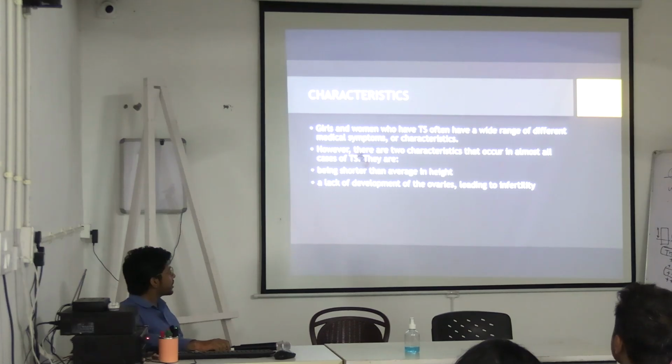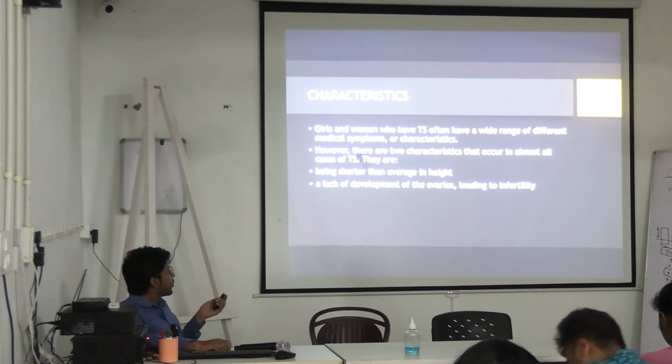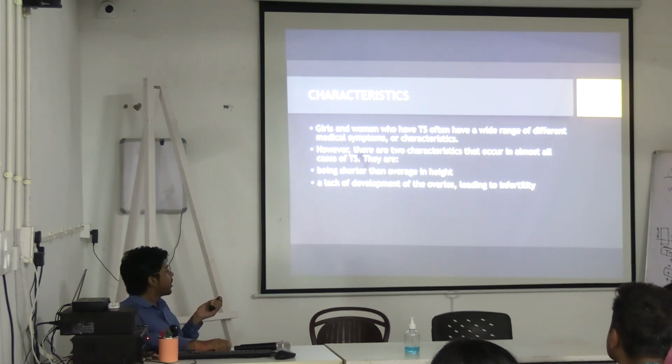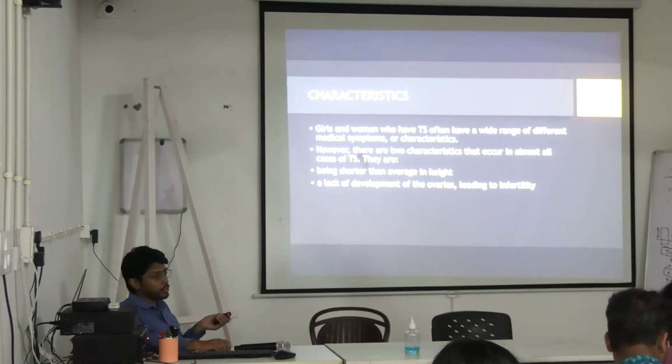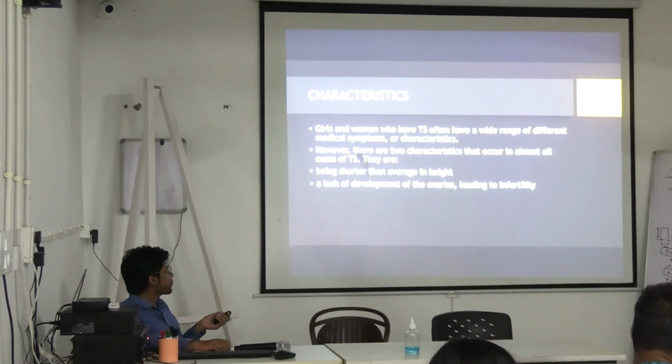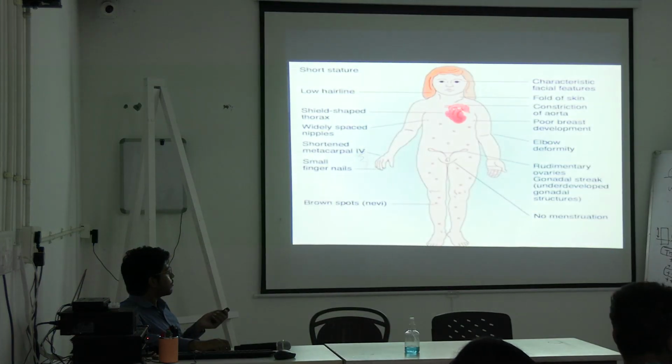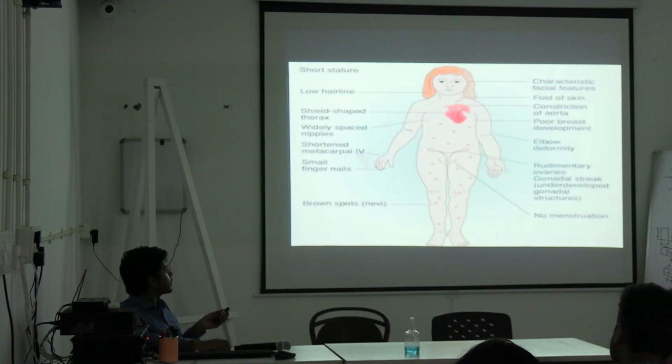Now, clinical features or characteristics: being shorter than average in height, so height will be short, lack of development of ovaries leading to infertility. So these are the clinical features.